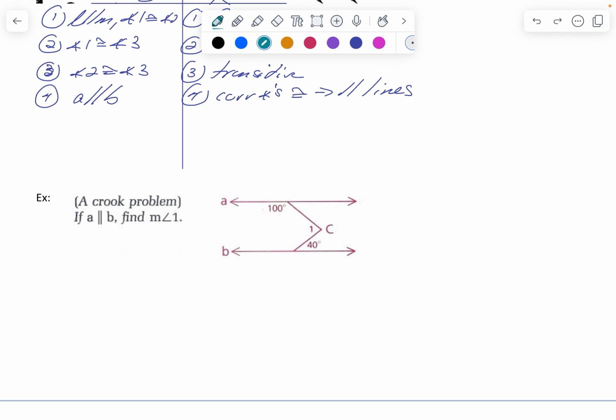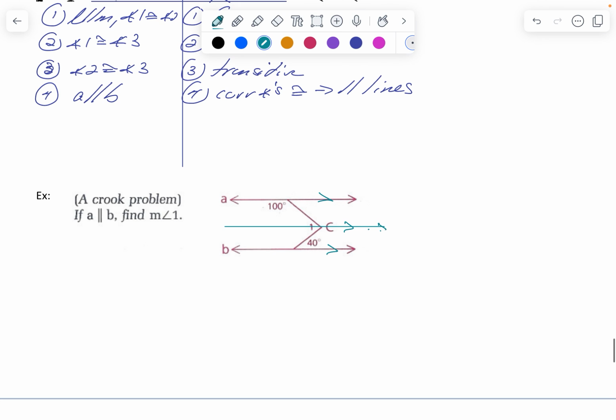So this is what we have to do. We're going to draw a line through that point parallel to the other lines. So first of all, A is parallel to B. We've got that.